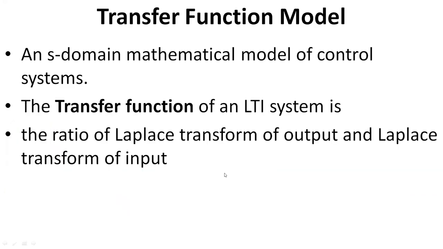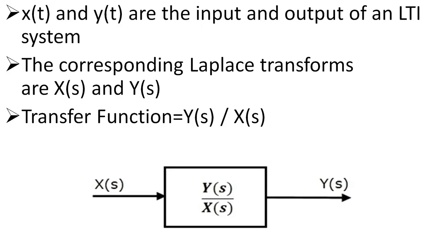Then the next one is the transfer function model, which is an S-domain mathematical model of control systems. The transfer function of a linear time invariant system is defined as the ratio of the Laplace transform of output and the Laplace transform of input by assuming all the initial conditions are 0.